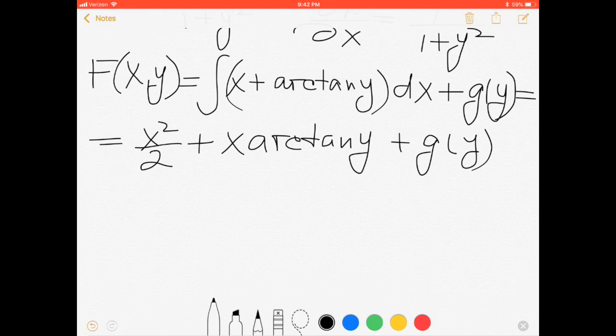Take its derivative. We have dF/dy. It will be nothing from x squared over 2.